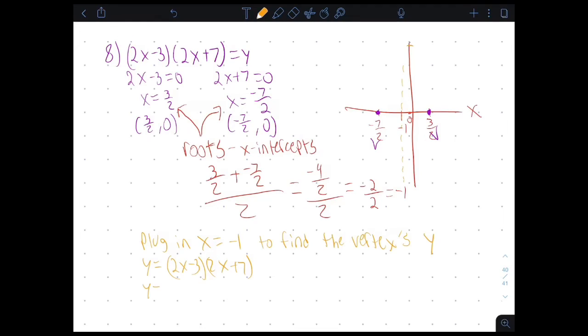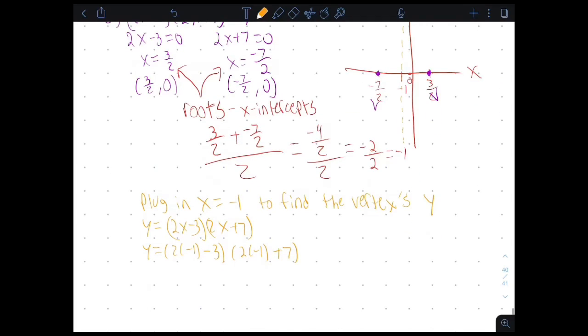And instead of putting x, we're going to put negative 1. y is equal to 2 times negative 1 minus 3, 2 times negative 1 plus 7. So 2 times negative 1 is just going to make that 2 negative. Negative 2 minus 3 is negative 5.